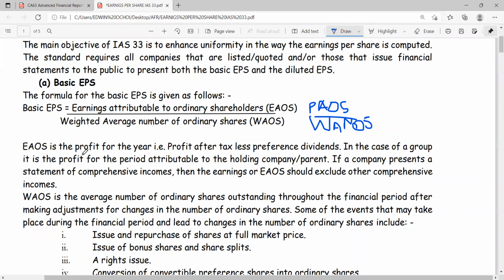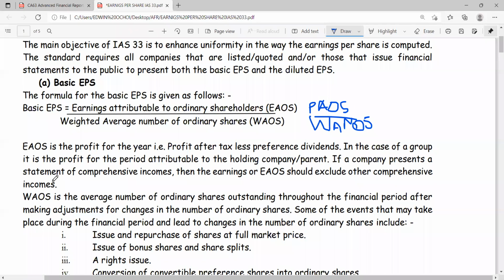The profit attributable to ordinary shareholders for the year is the profit after tax less the preference dividends. In the case of a group, it is the profit for the period attributable to the holding company, the parent.